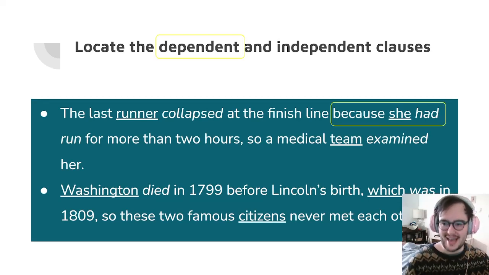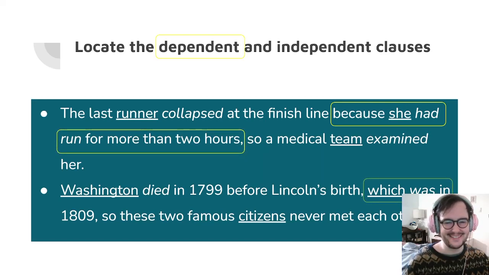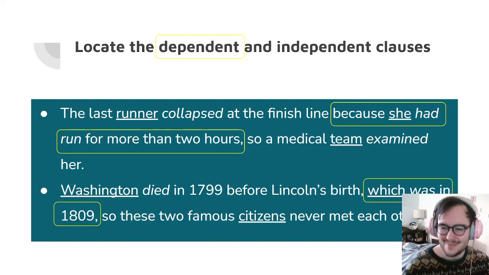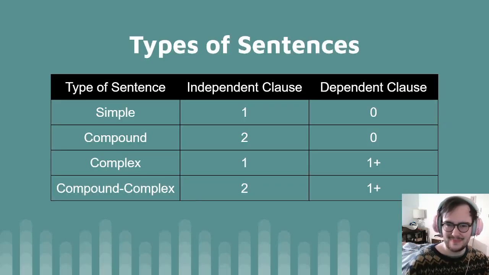Because she had run for more than 2 hours. And in the second sentence, the dependent clause is which was in 1809. Okay? Now here's an overall chart, a summary of all the types of sentences.